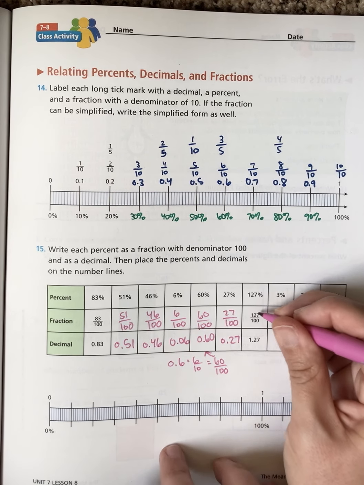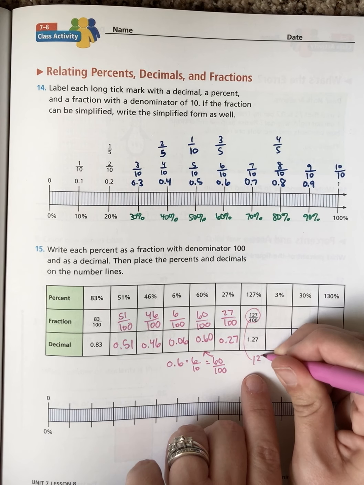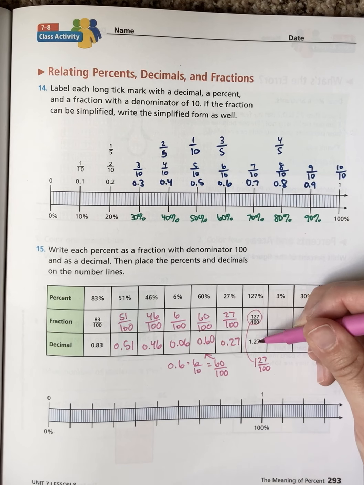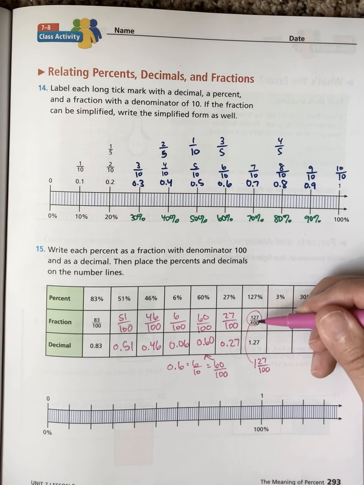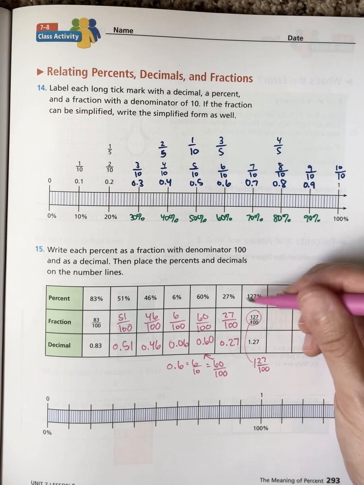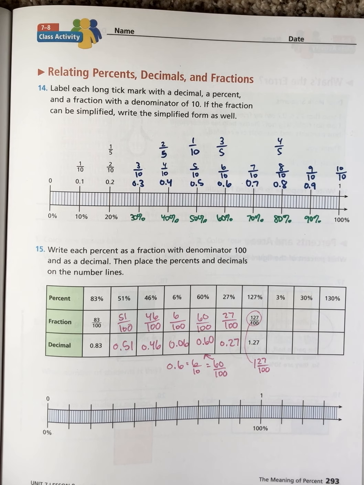The reason is that if you took this fraction and made it a mixed number, it would be 1 whole and 27 hundredths. And the way we would write that is 1.27. Okay, so this should be stuff you already know from 4th and 5th grade decimals. It's just adding the element of what it looks like as a percent. And this is what it looks like: 127%.